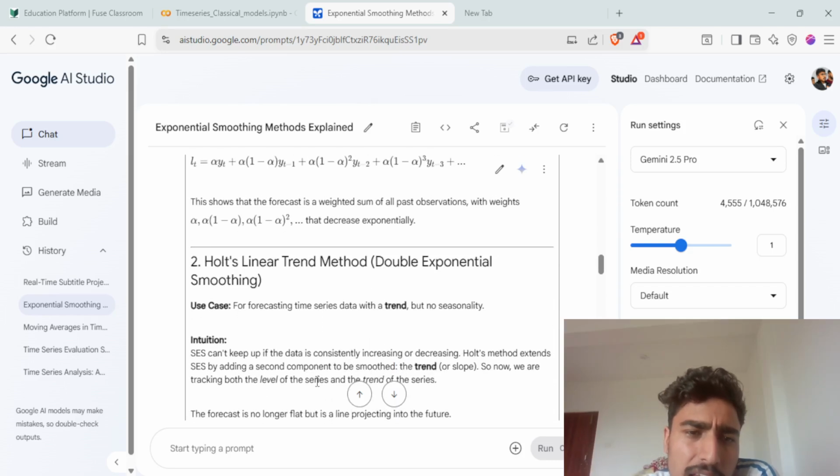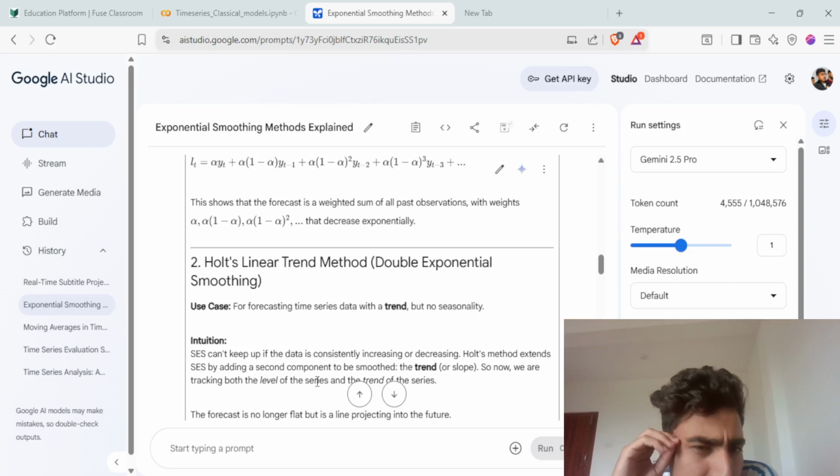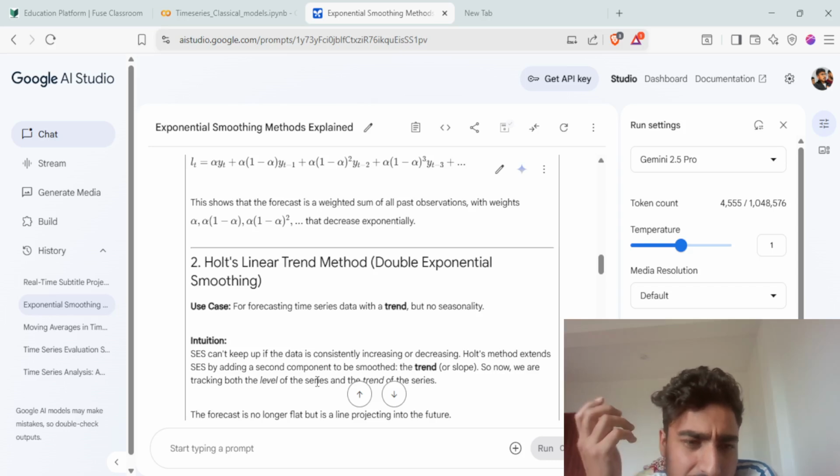Okay, let's shift to another method of exponential smoothing, which is called Holt's linear trend method. We can see from the topic that trend has been mentioned, so we can make sure this method will only work on trend, not on seasonality.